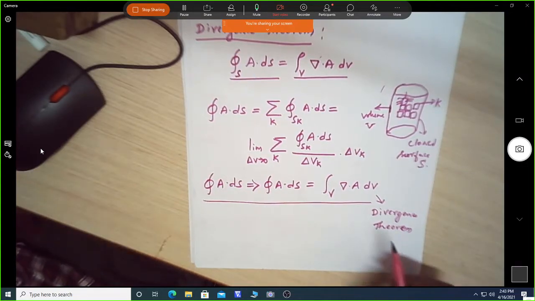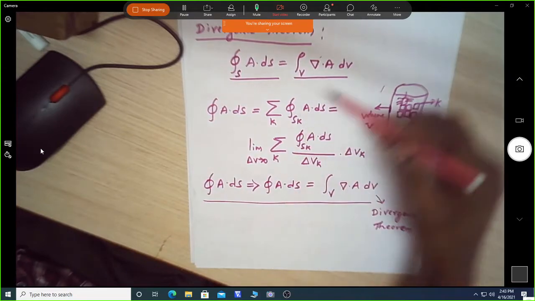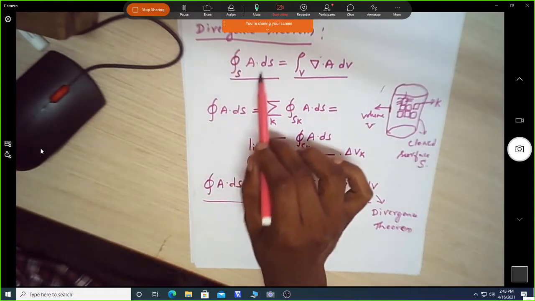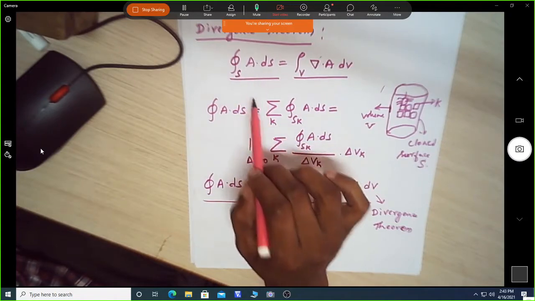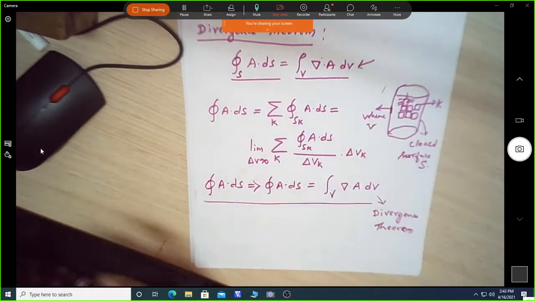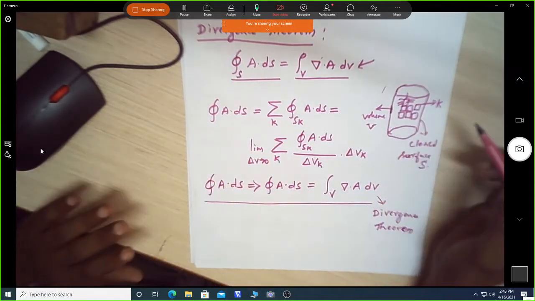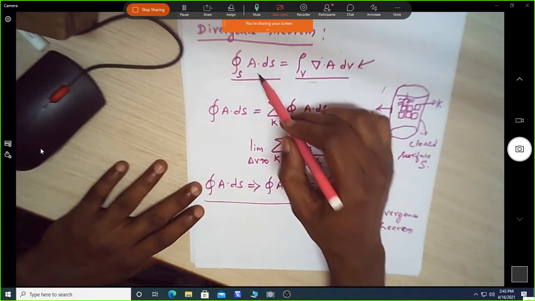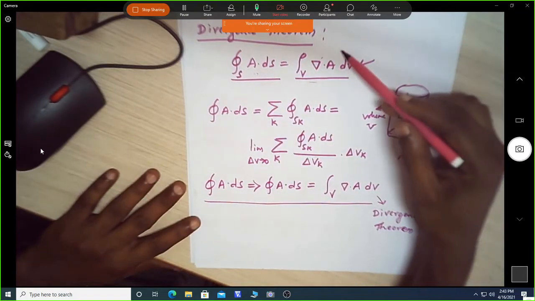The advantage of this theorem is that instead of evaluating all the surfaces in the surface integral, you just evaluate the divergence of vector A over the complete closed volume. This is easier to evaluate. For example, for a closed surface like this, there is a top surface, a bottom surface and a curved surface.